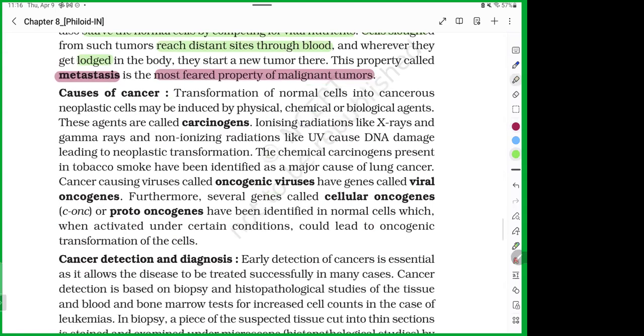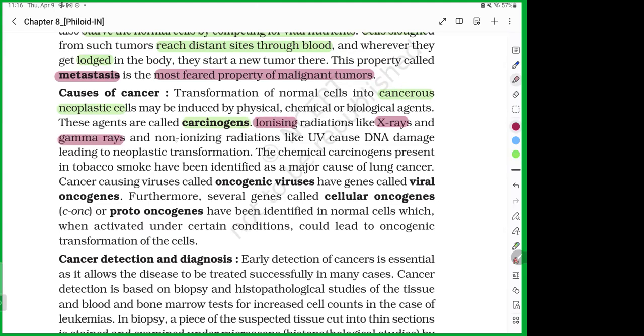What are the different possible causes of cancer, where a normal cell converts into a cancerous neoplastic cell? It can be physical, chemical, or biological. A chemical that causes cancer is known as a carcinogen. Example: X-rays and gamma rays. Both are ionizing radiation and can cause cancer. Correct?